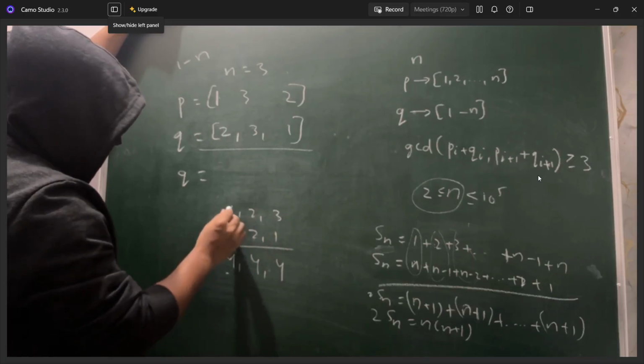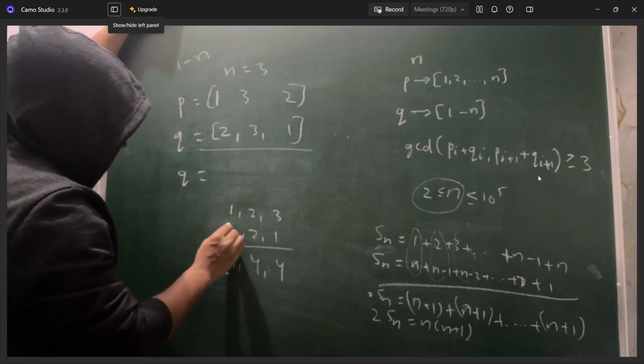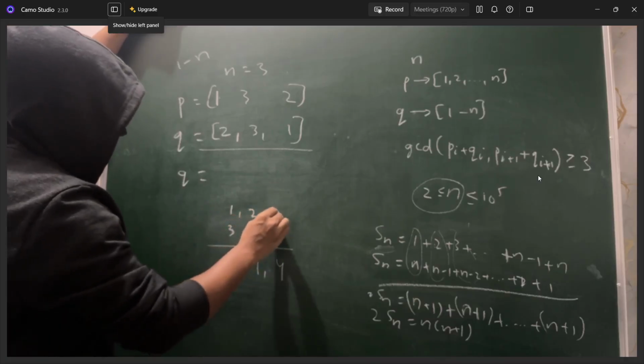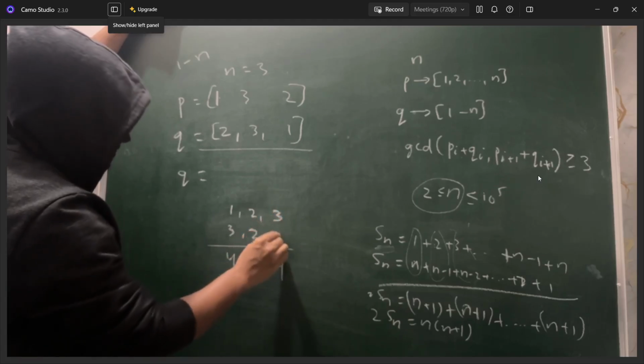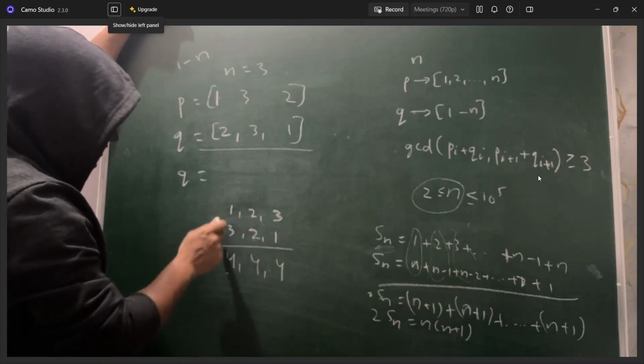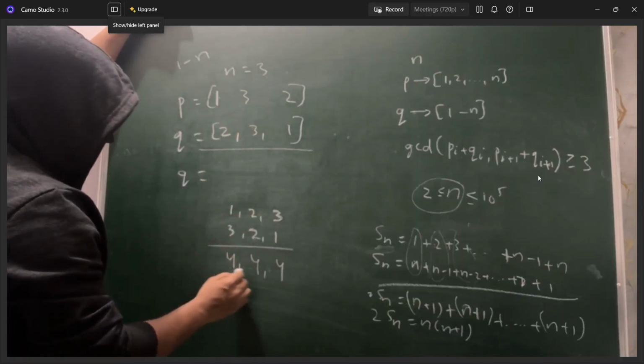Mirroring means this is the lowest, and for the lowest you will take the highest, and this is the second lowest, you will take the second highest, and this is the third highest, you will take the third lowest. Whenever you do the sum, that sum will be n plus 1. In this, n is 3, so 3 plus 1 is 4, so that will be 4.